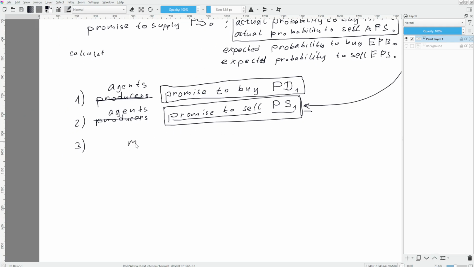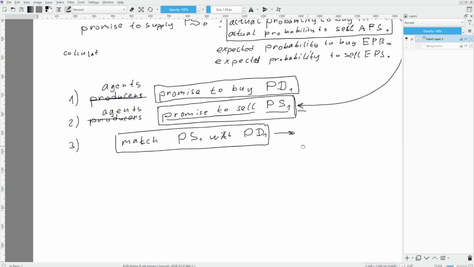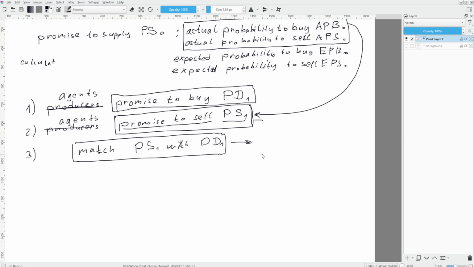Then we match PS1 with PD1. It provides us with how many goods we were actually able to buy, because we have a certain promise of purchases and a certain promise of sales.